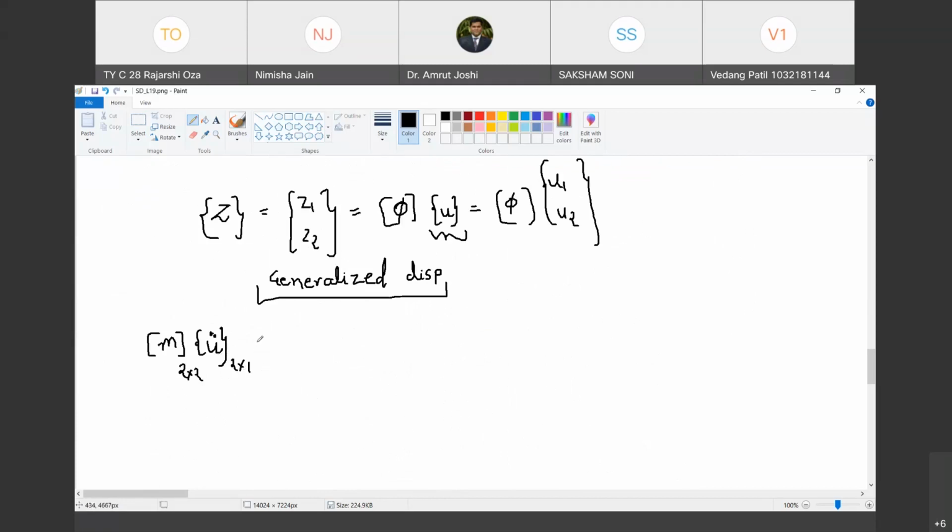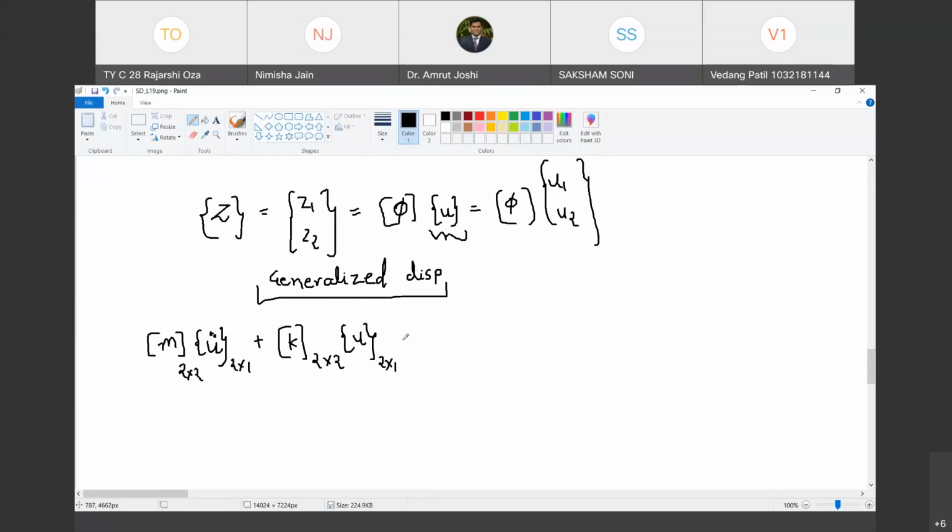So M u double dot plus K, where K is also a stiffness matrix of size 2 cross 2, multiplied by u, where u consists of two displacements u1 and u2. Are you with me?